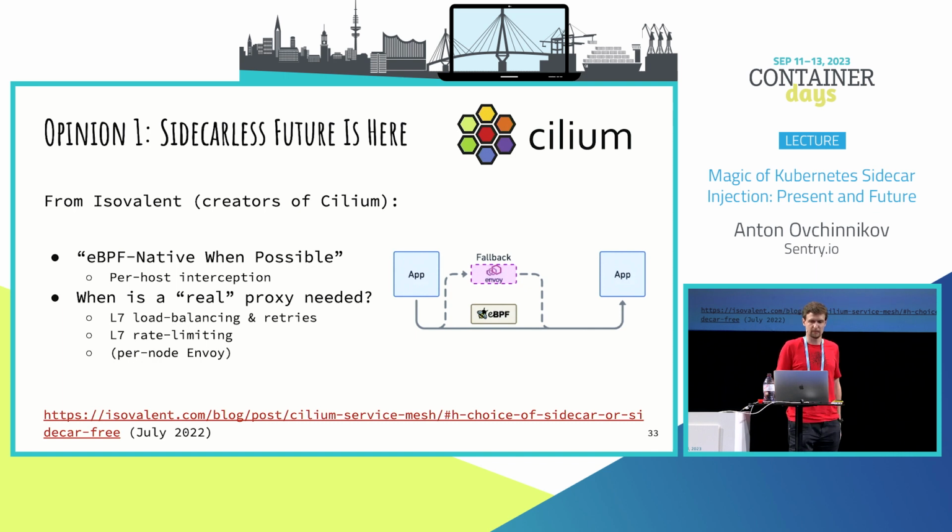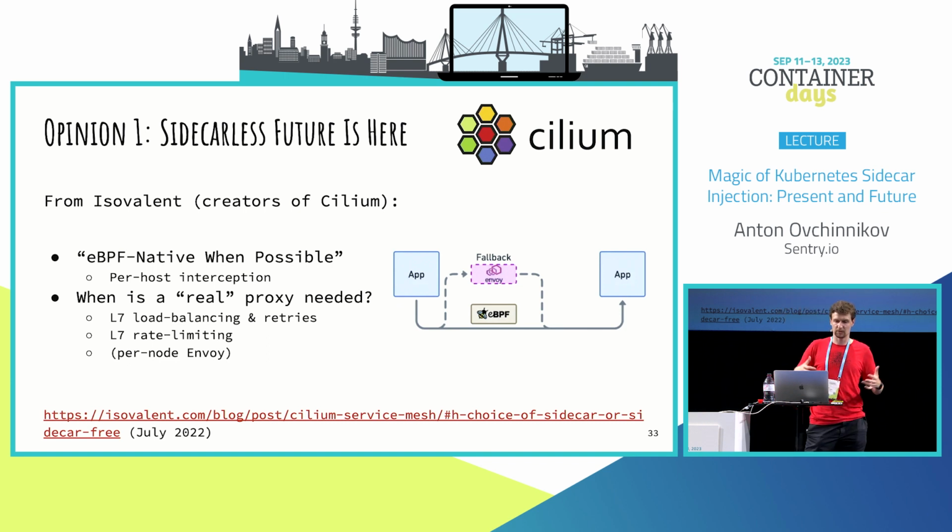So the Cilium project has the Cilium service mesh solution. And they claim that we already live in this sidecarless future. It's already here. And the magic sauce for them is eBPF, right?